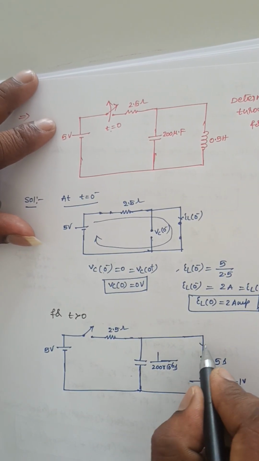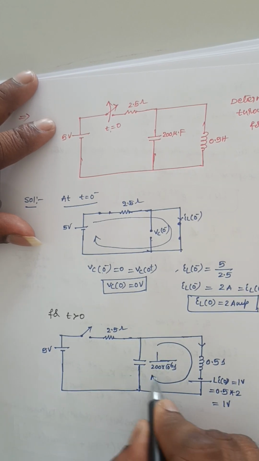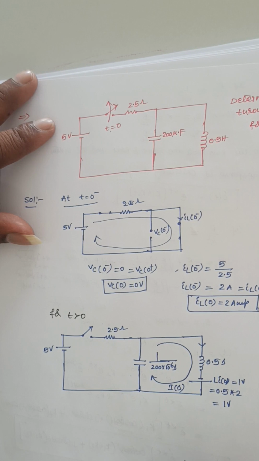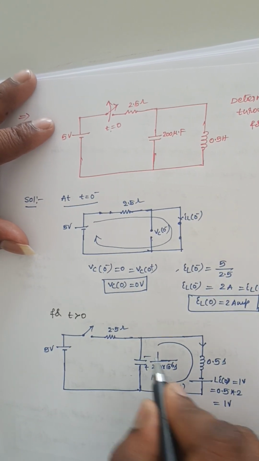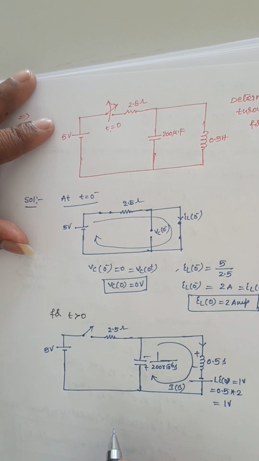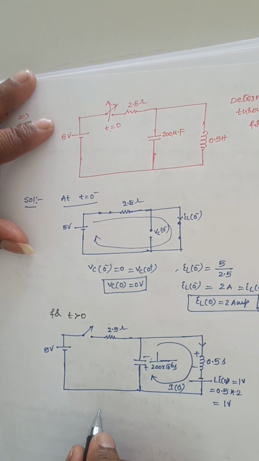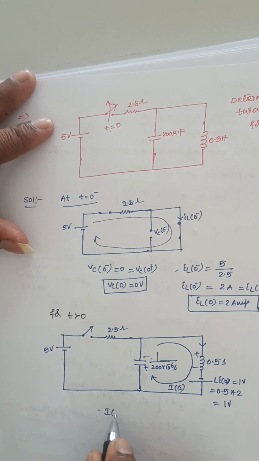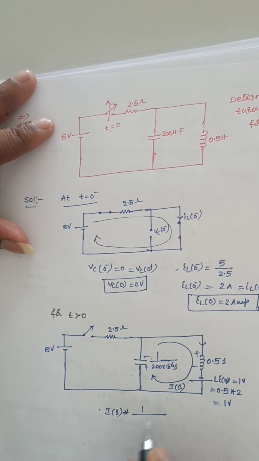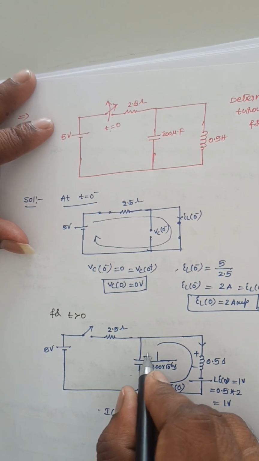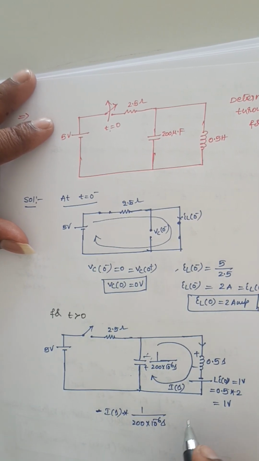Now let us assume this current is I of S. Apply the KVL here, it is plus and minus, minus and plus. So let us consider this one: I of S into 1 by Cs, that is 1 by 200 into 10 power minus 6 S. Since the current enters the negative terminal, it is minus.